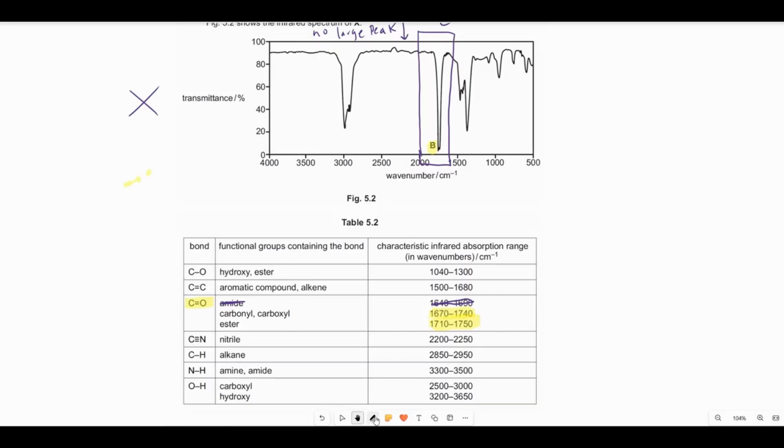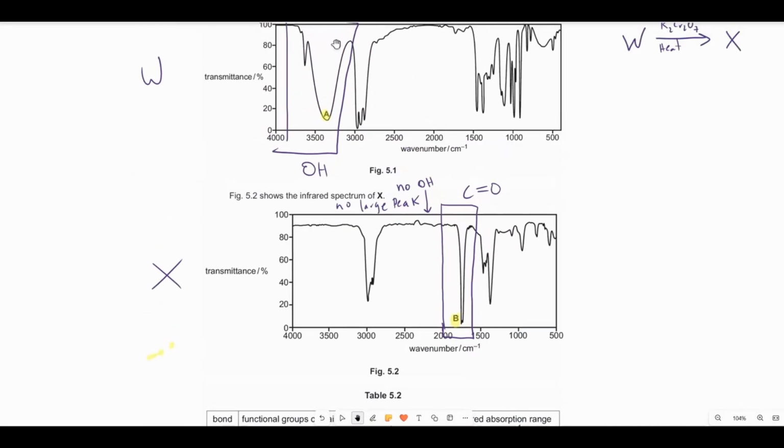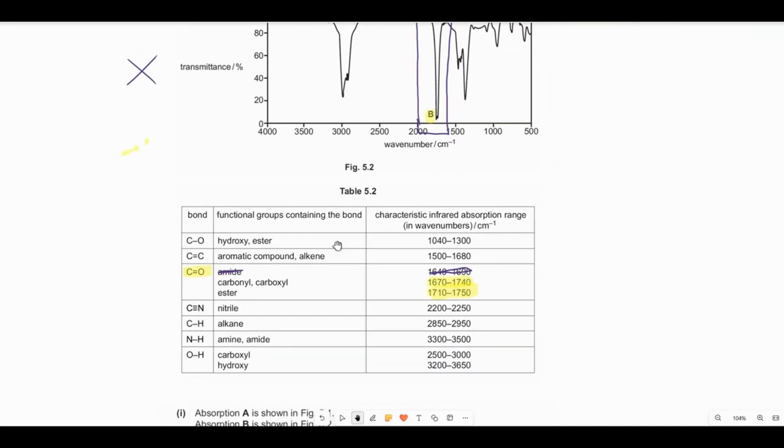We then can also look for the big wide peak around 3300, and we can see that around 3300 we have that hydroxyl OH peak. Now, is it definitely not going to be a carboxylic acid because that's 2500 to 3000?